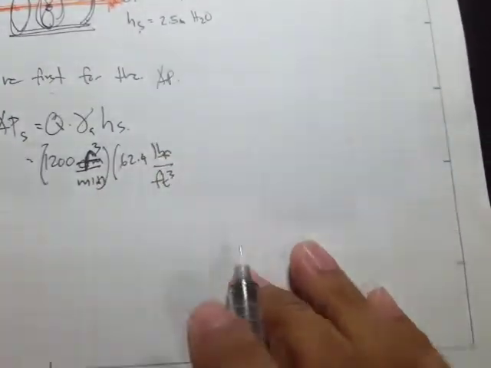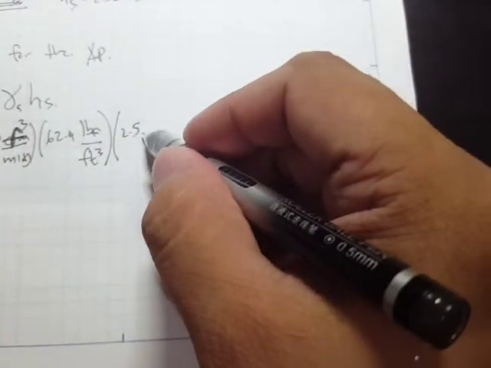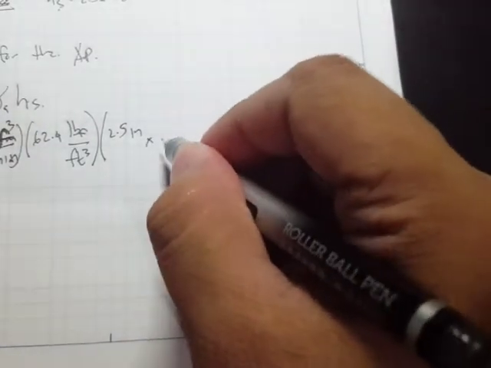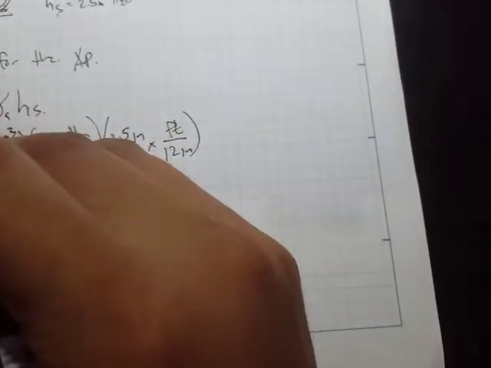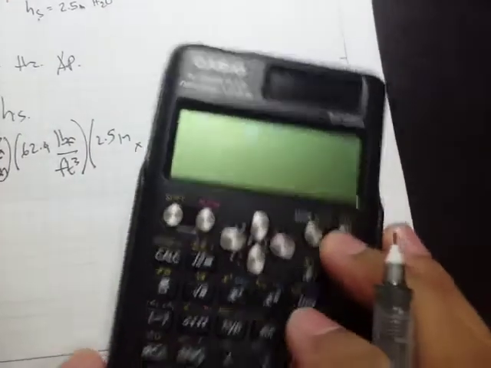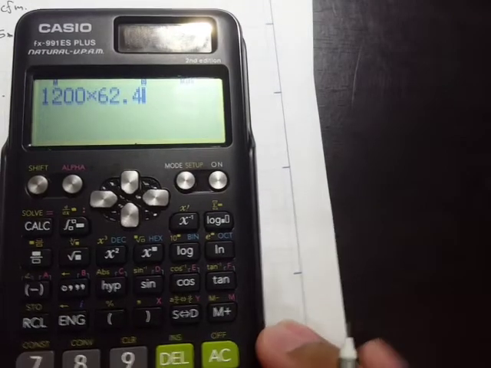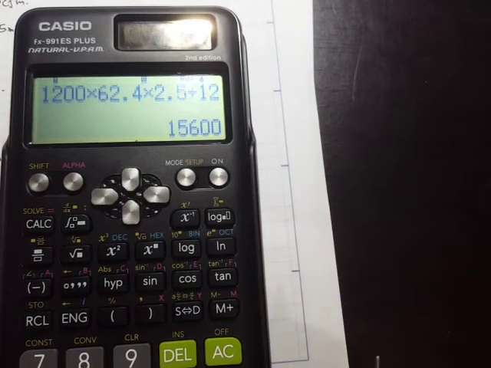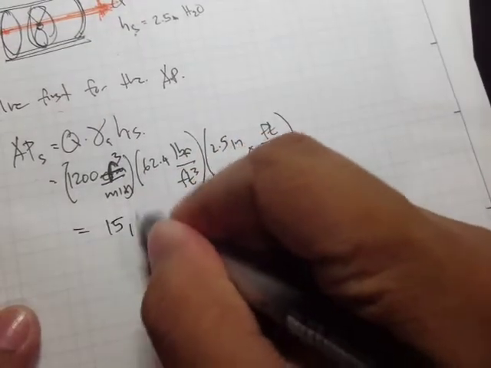And for the static, this is 2.5 inches of H2O, and since this is in feet, let's convert this to feet. This is 12 inches per foot, and therefore 1200 times 62.4 times 2.5 divided by 12. So this is 15,600.